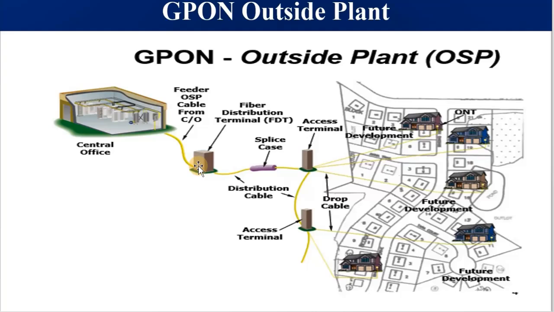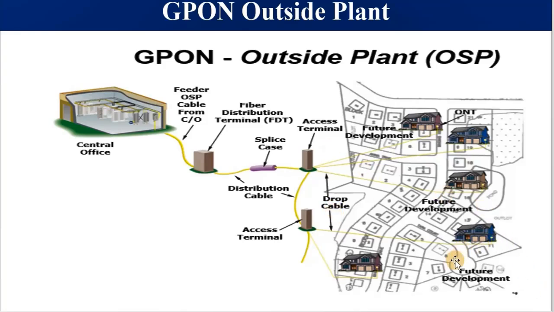So this is the feeder fiber from the central office, and the distribution cable from the distribution hub to the network access point or the network access terminal. It may require you to join or splice the fiber. This is the distribution fiber. We have cascaded some access points there. Then from the access point to various residential places, we call it the drop cable or the drop fiber.